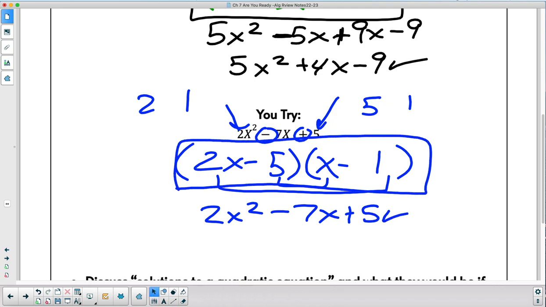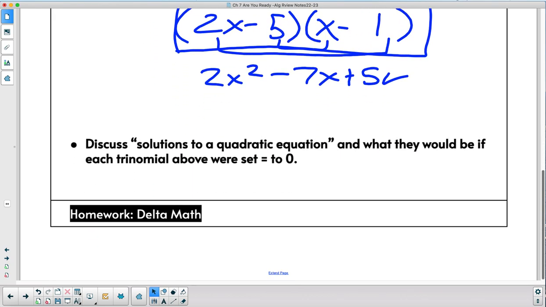Now, today's assignment is on Delta Math, okay? Oh, we're supposed to discuss the solutions to a quadratic equation and what they would be if each trinomial above were set to 0. Solutions to quadratics, okay, and you guys have seen the quadratic equation.